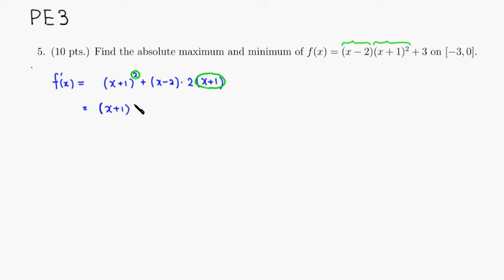I think that's all the common factors, so I'm going to pick up the leftover. The leftover factor would be x plus 1 from the first term, and you're going to have to distribute 2 to x and -2, so you get 2 plus 2x minus 4.